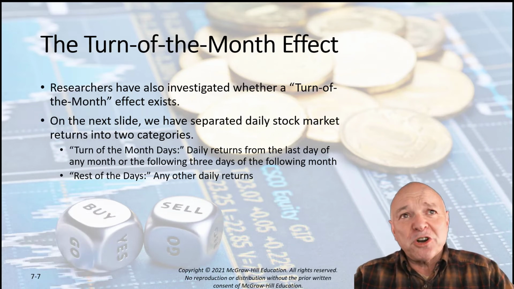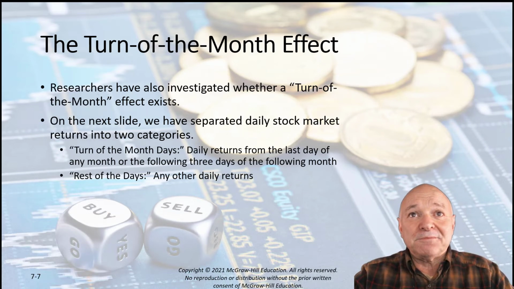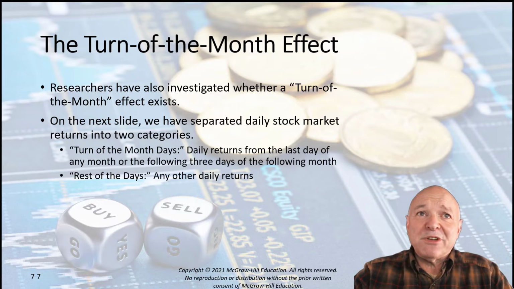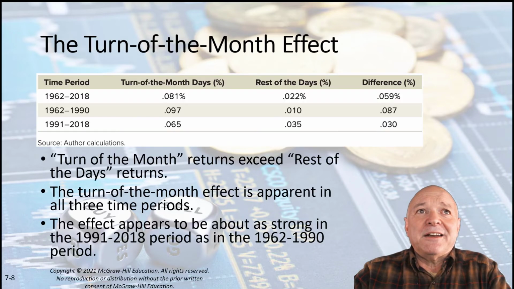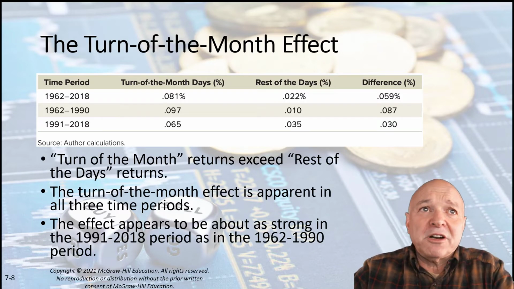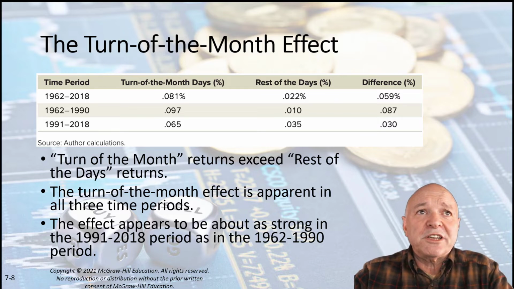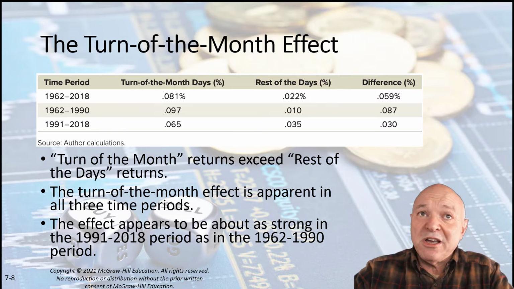Similarly, we can look at the turn of the month effect. And here we've got the same kind of analysis. For turn of the month, we say what are the daily returns for the last day of a month and then the following 3 days of the next month. And again, from our textbook, we can see that over the entire period from 1962 to 2018, there was a significant difference in the turn of the month days relative to the rest of the days, about a 6% difference.